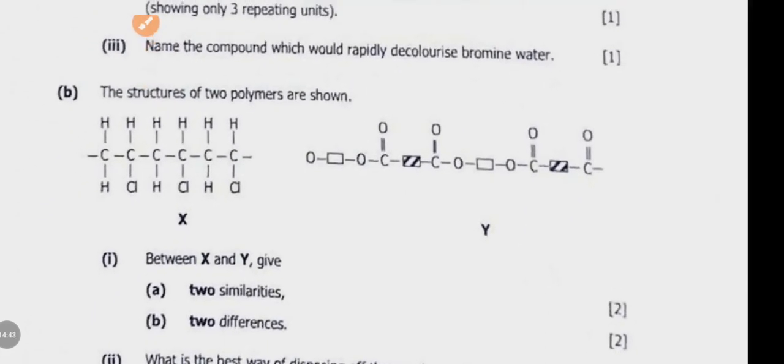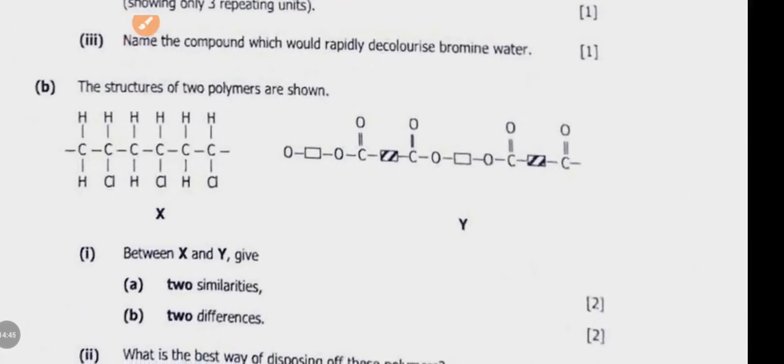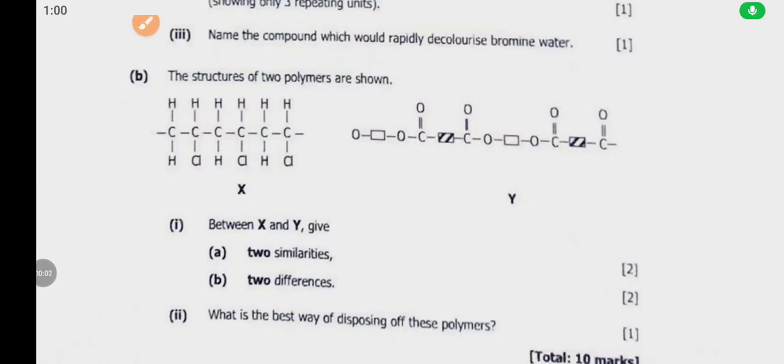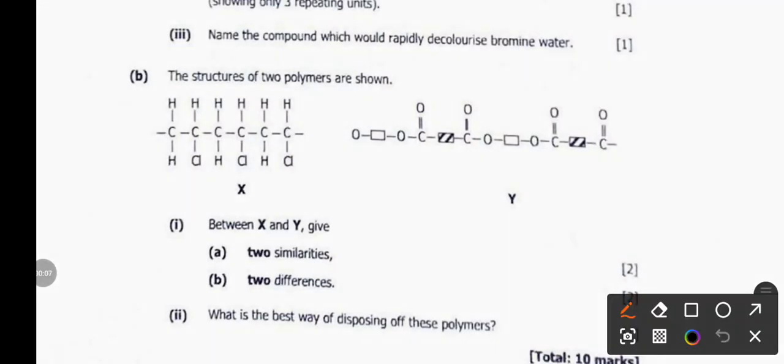All right. Question B. The structures of two polymers are shown. Number 1, between X and Y, give two similarities. As we can observe, both X and Y are made from smaller repeating units called monomers.